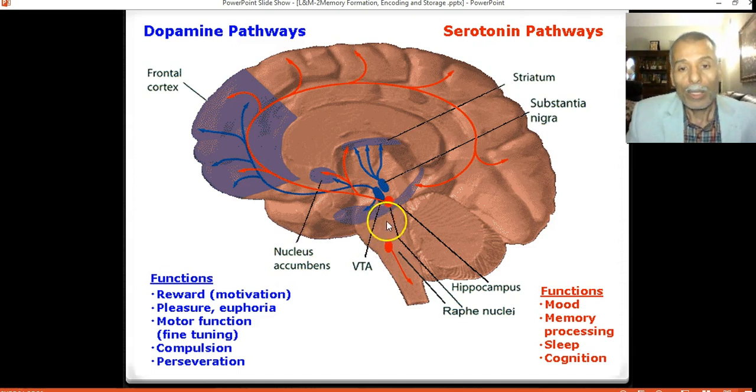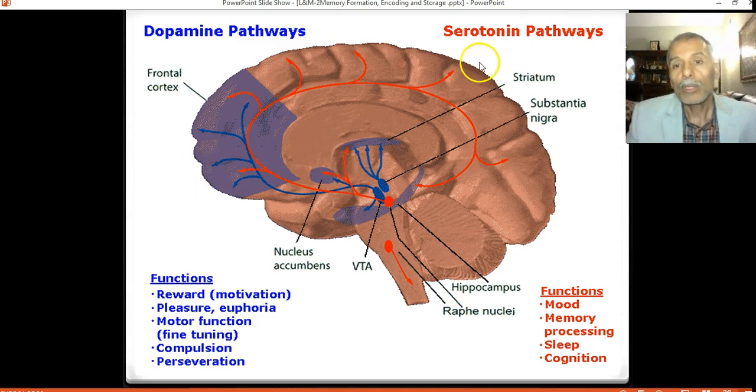So this is the pathway again, and you go back and look at the limbic system. It's in the heart of everything. So you have memory, mood, sleep processing, memory processing, cognition, serotonin.